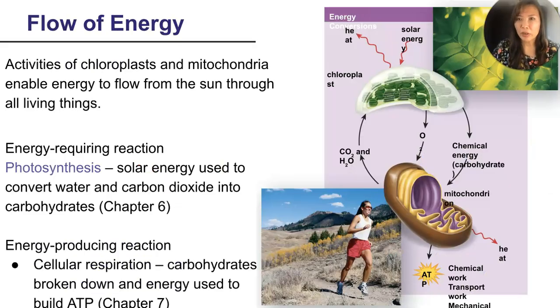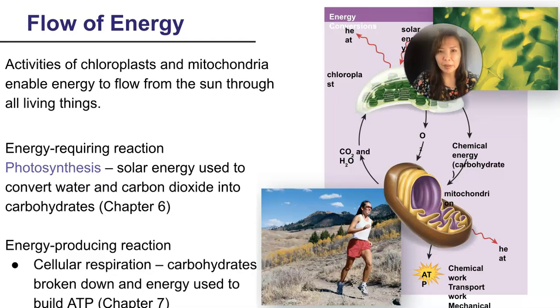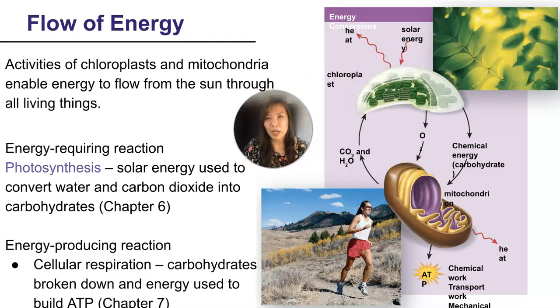So let's look at mitochondria and chloroplast one more time and reiterate that flow of energy, right? So the sun up here is going to have heat, and that heat is going to be used by the plant cell's chloroplast, and in that chloroplast, it's going to convert that solar energy along with carbon dioxide and water into a glucose molecule, and that glucose molecule can be stored as starch, and that starch can then be used later on in order to do cellular respiration.